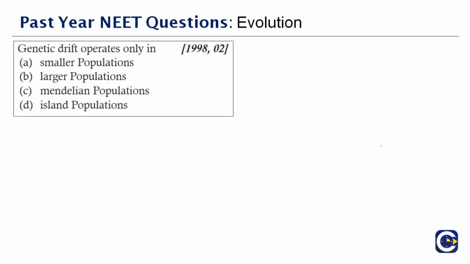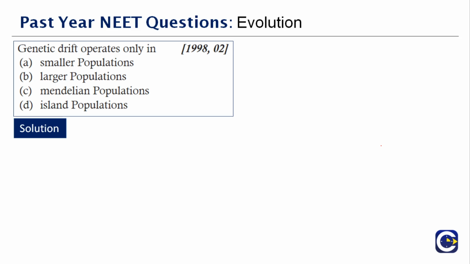Next question here. Genetic drift operates only in dash. We just now discussed this in the very first question of this part, where we spoke about genetic drift. Do you remember anything about it? You should recall. Okay, what do you mean by genetic drift? We saw about random genetic drift.